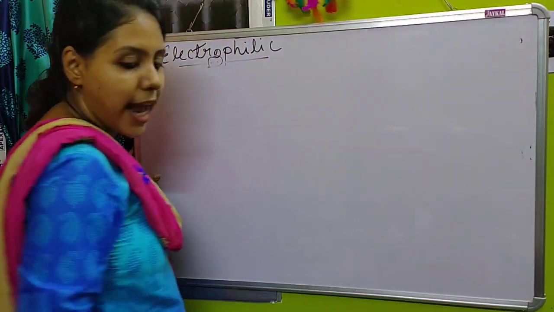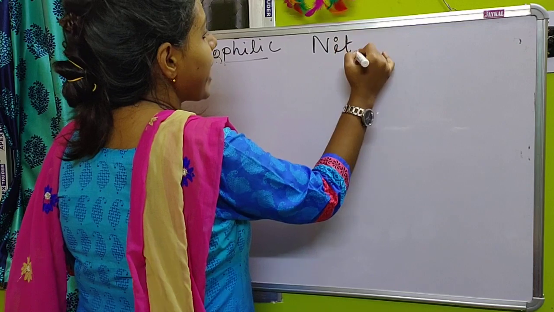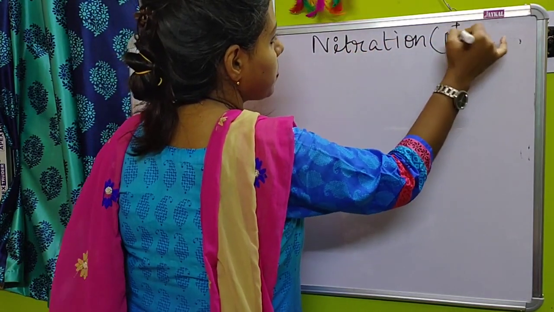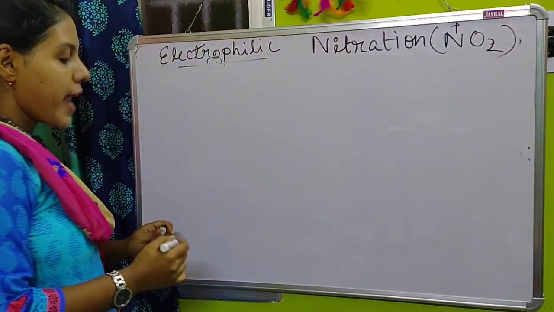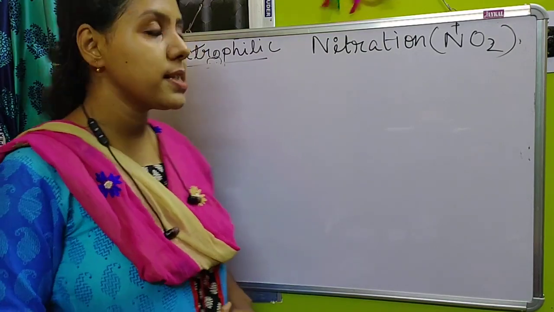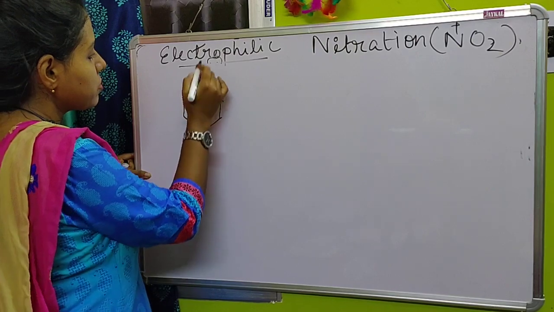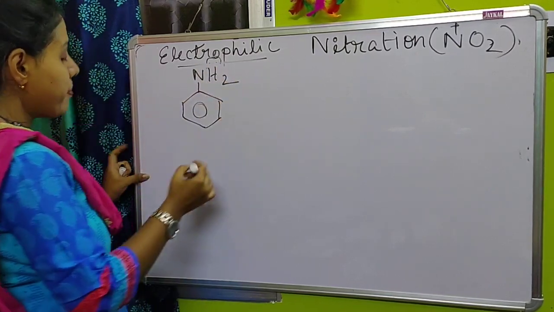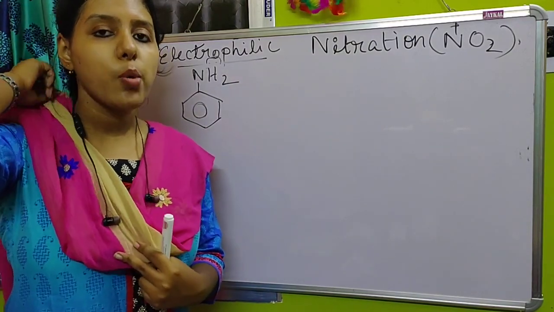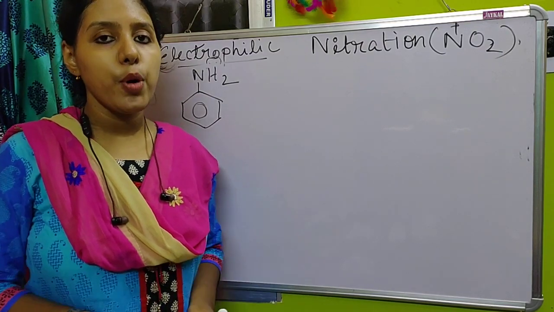Next example is nitration. This is also important. Nitration means addition of the NO2 plus group. So how can we add the NO2 plus group to the benzene ring? First you have to take aniline, and normally for nitration we use concentrated nitric acid and concentrated sulfuric acid.